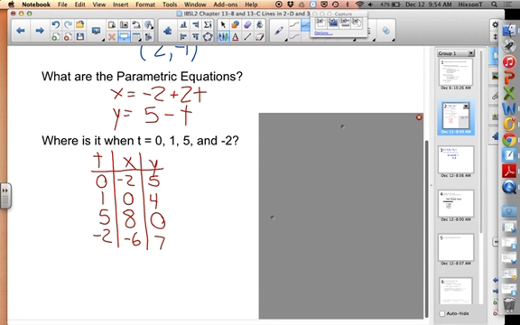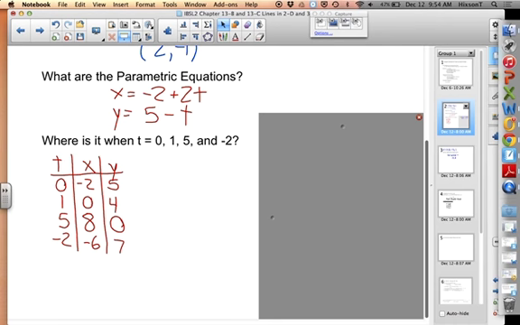So we have a number of points here at different times. If you're drawing these, you should put the time next to each point. If I were sketching this, I would have -2, 5, and I would put next to it t equals 0.